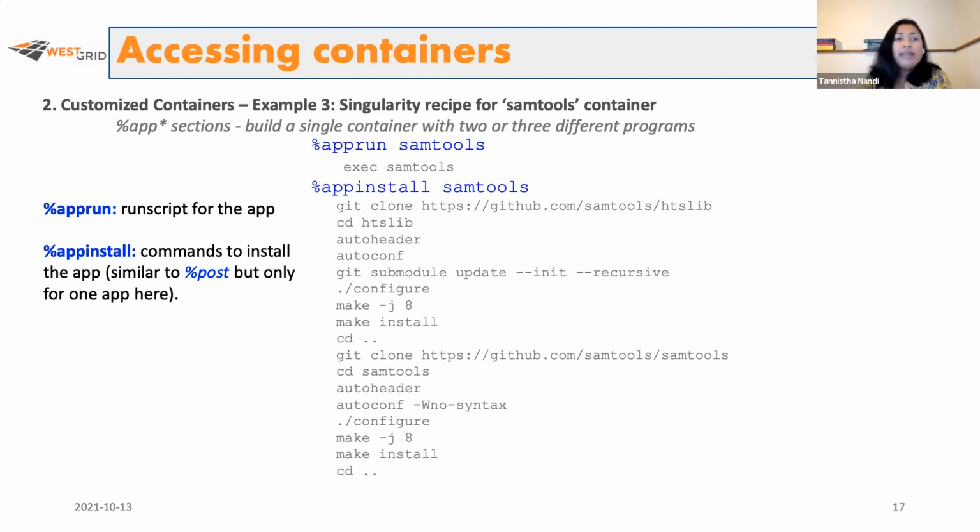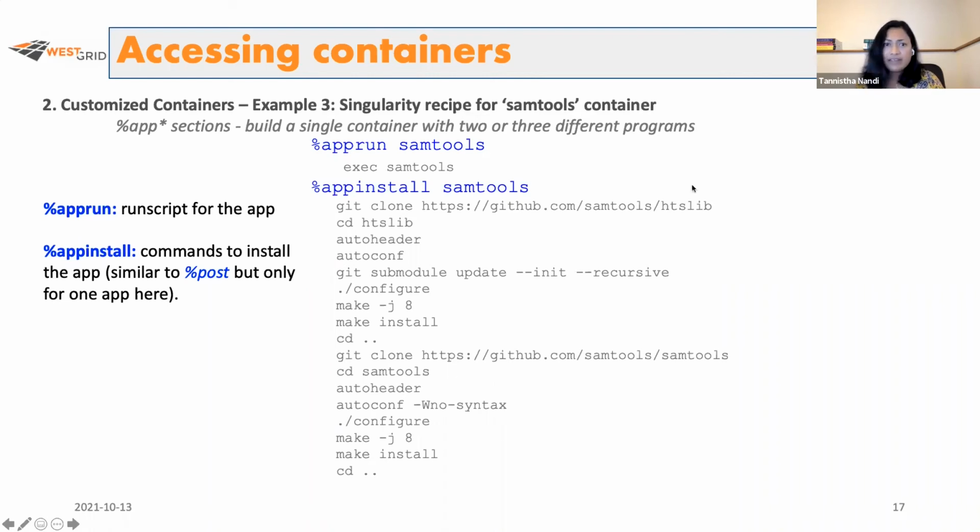So if you look at the commands here, it's essentially the same commands, the steps you would run to install SAM tools in your home directory. For example, the first step would be to git clone the repository. SAM tools has a dependency on htslib, so that needs to be installed first.